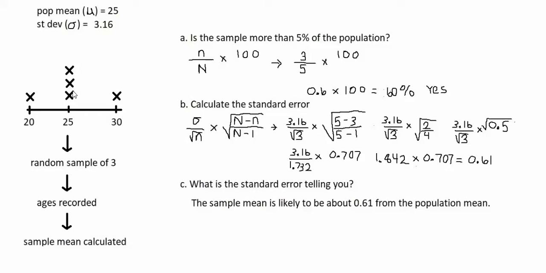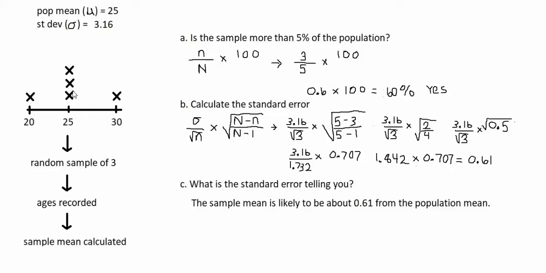So if the standard error comes out to a small number, then you predict that the sample mean won't have very much error and that it's going to be pretty on target. But if the standard error comes out to a big number, you predict a larger amount of error, and you predict that the sample mean will be more off target, basically.